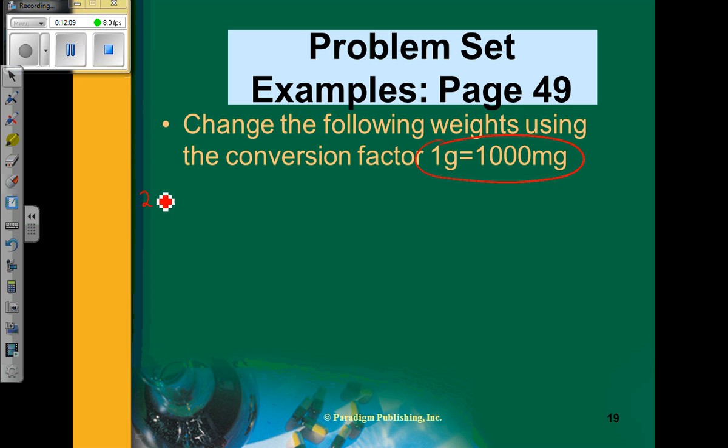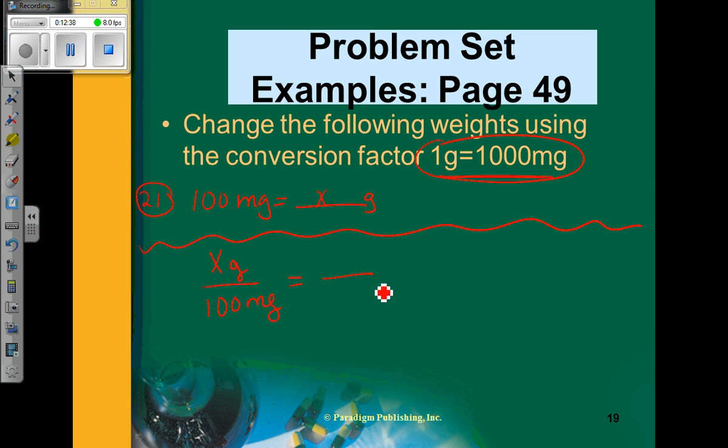So our question for 21 is 100 milligrams equals blank grams. Okay, so that's the question out of your book.